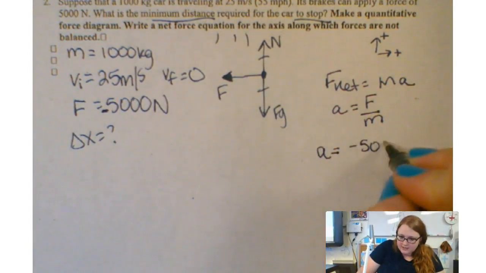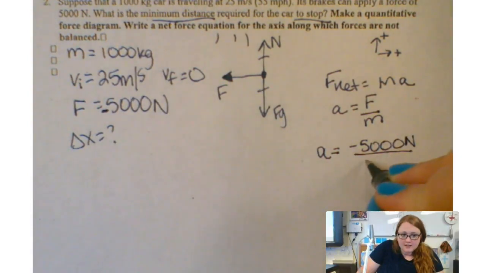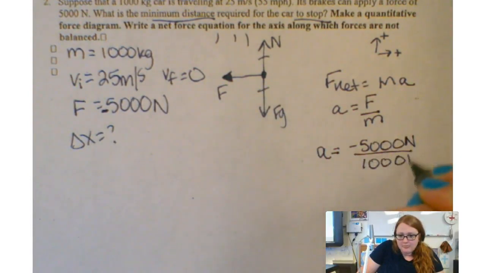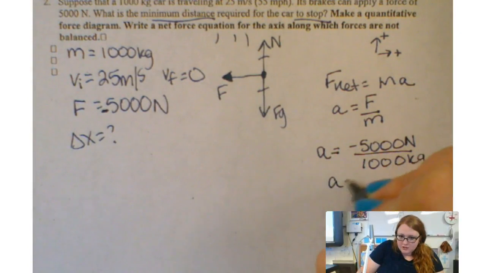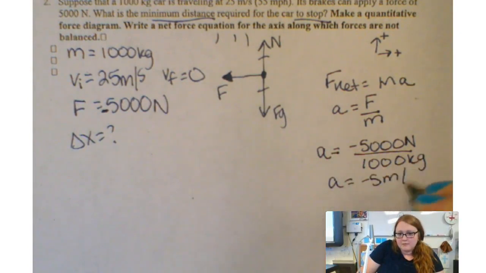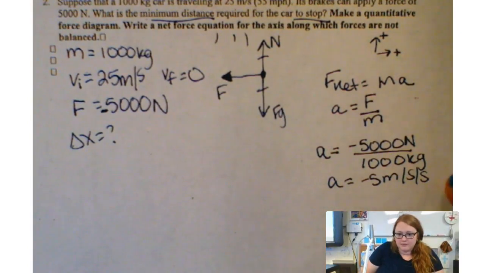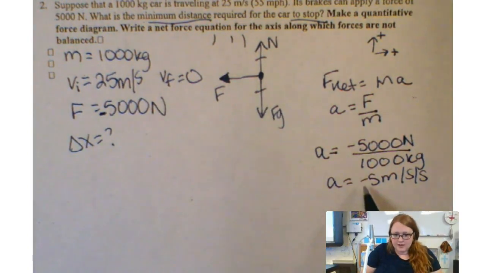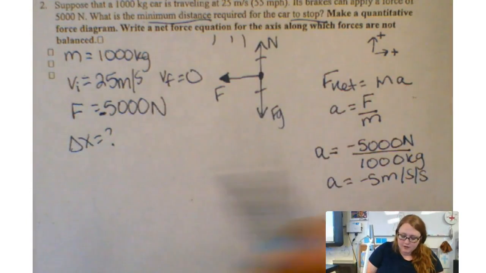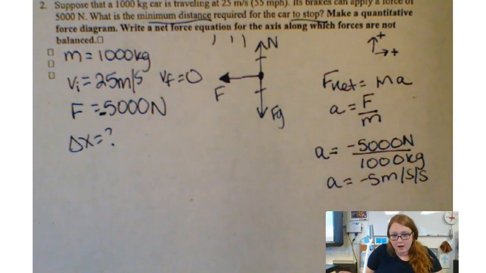It's going to be negative 5,000 over my mass of 1,000. So my acceleration will be negative 5 meters per second per second. Again, that negative is just for direction. This indicates that I am slowing down to the right, or I'm slowing down in a positive direction. Therefore, my acceleration is negative.